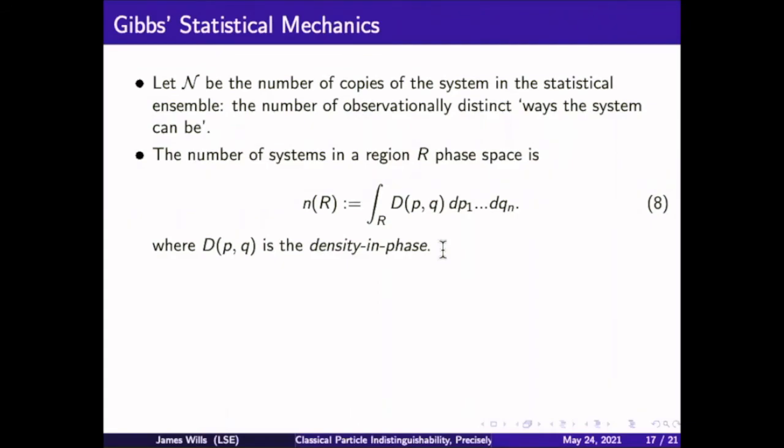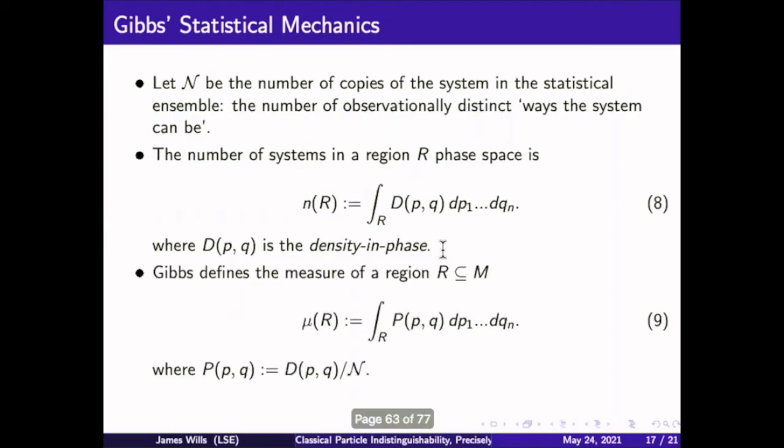We can define, using this, a probability measure. Mu of R is the integral over R of P, where P is defined to be D over curly N. Now, I'd like to make an observation about this particular definition in equation 9.